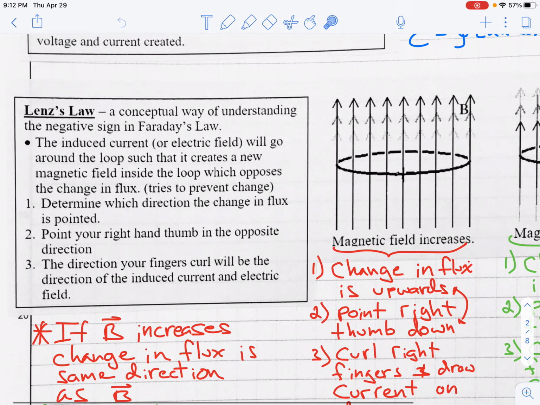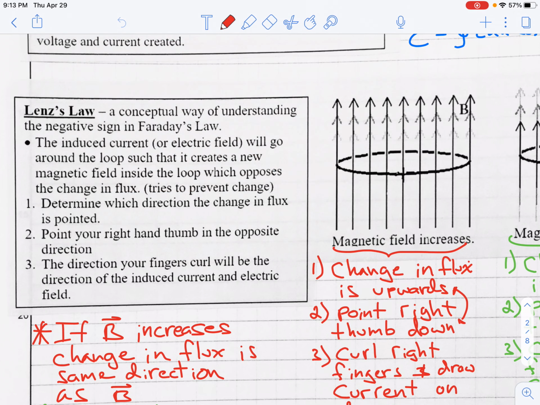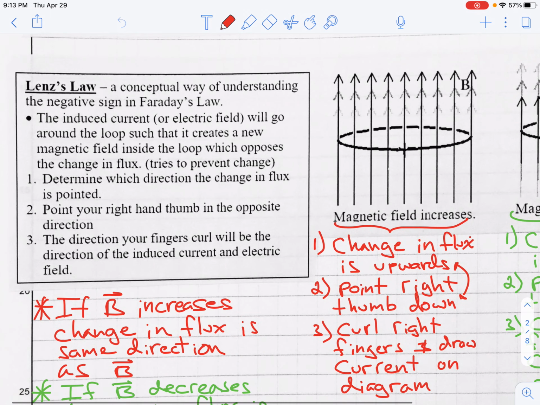And we already said here that if the magnetic field increases, the change in flux is in the same direction. So the change in flux is upwards because the magnetic field points upwards and it's getting bigger. So you're going to point your thumb down, which is the opposite direction as the change in flux. When you curl your fingers there, your fingers will curl in a clockwise fashion if you were viewing this from above.